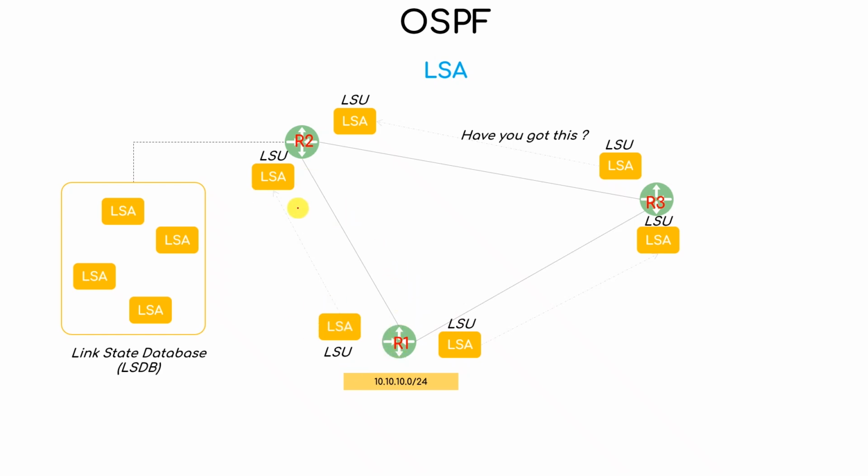If yes, it will not flood the LSA, so this prevents LSA looping in OSPF. LSAs will be reflooded every 30 minutes, so routers use this method to monitor the topology and maintain the routing with their neighbors.